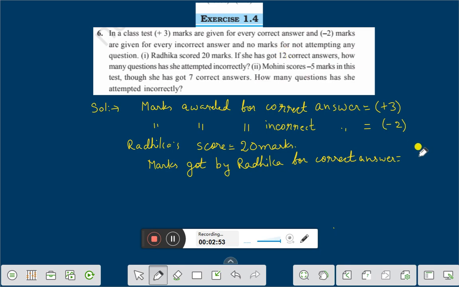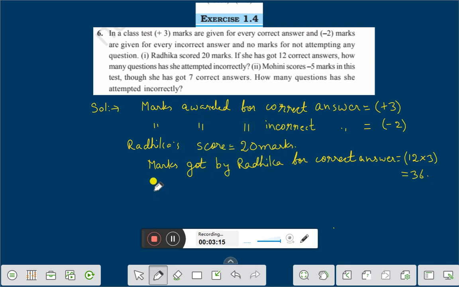That is 12, 12 into 3, that is 36, right?